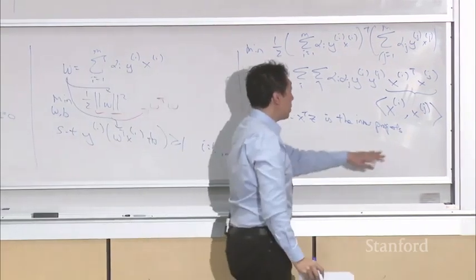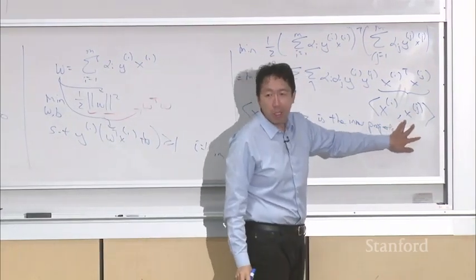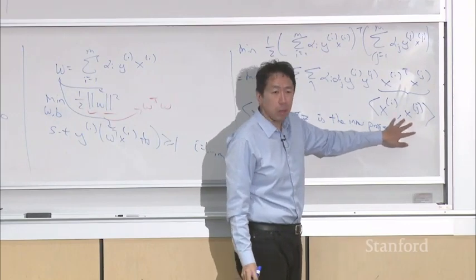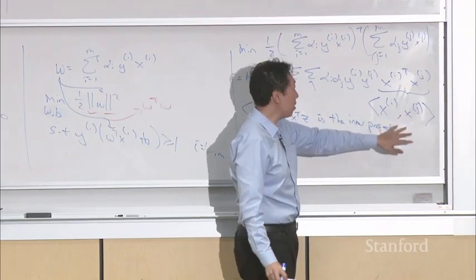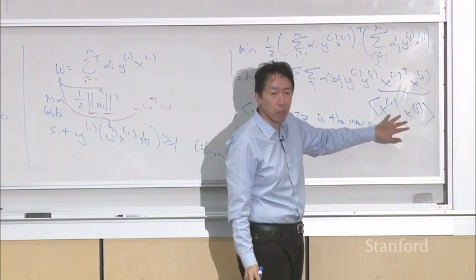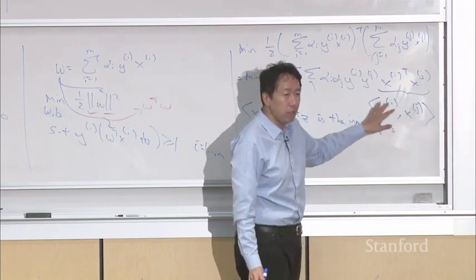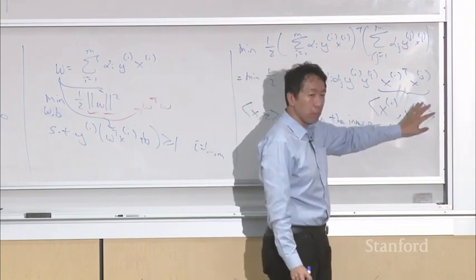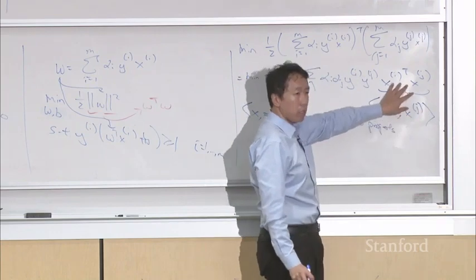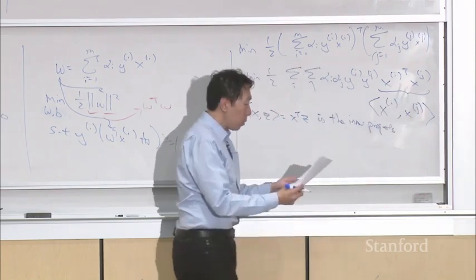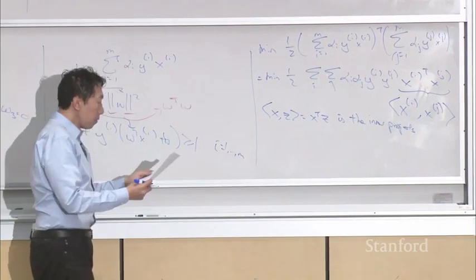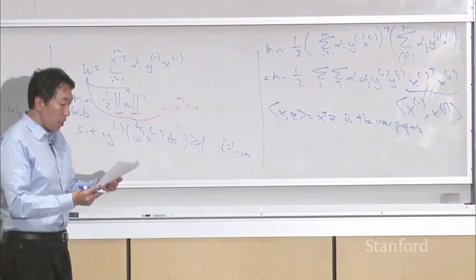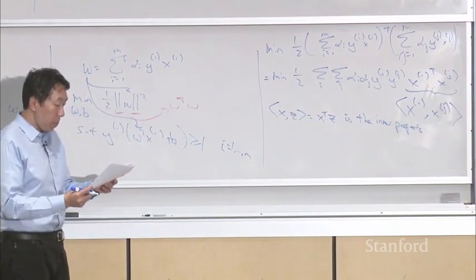And when we derive kernels, you'll see that expressing your algorithm in terms of inner products between features x is the key mathematical step needed to derive kernels. I'm going to use this open angle brackets, closed angle brackets notation to denote the inner product between two different feature vectors. So that is the optimization objective.